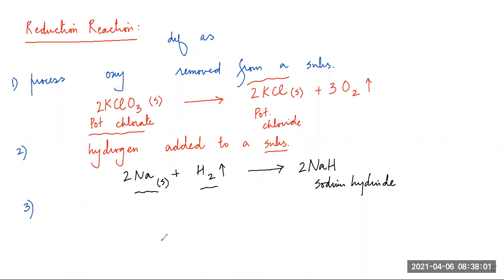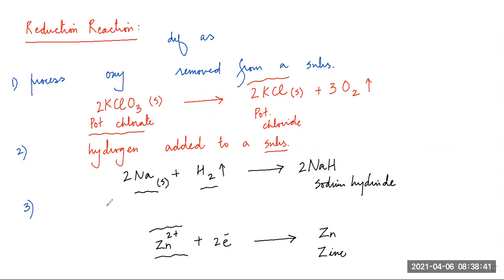And number three, see this reaction, students. Opposite of the reaction we took in the case of zinc. Zinc cation with 2 positive charge plus two electrons. Electrons are added to the zinc cation, making it a neutral zinc atom. Opposite of oxidation. This is a reduction reaction.